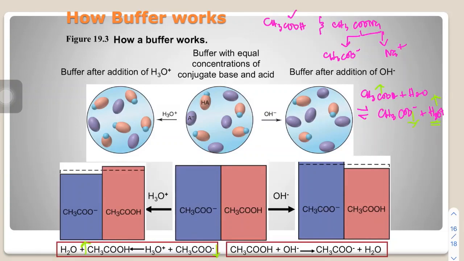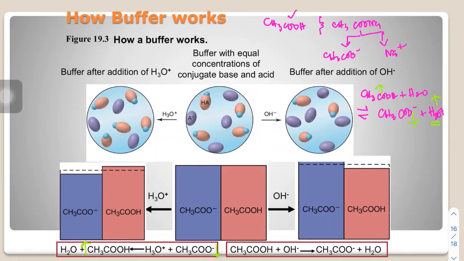And what happens if a base is added to the buffer system? When base is being added to the buffer system, we are actually adding hydroxide ion. So we have to decide whether the hydroxide ion will react with the acetate ion or acetic acid. Since hydroxide is a base, it will react with the acetic acid.